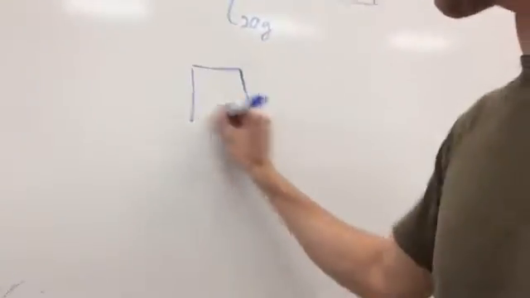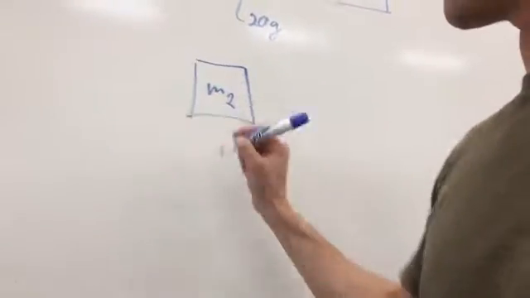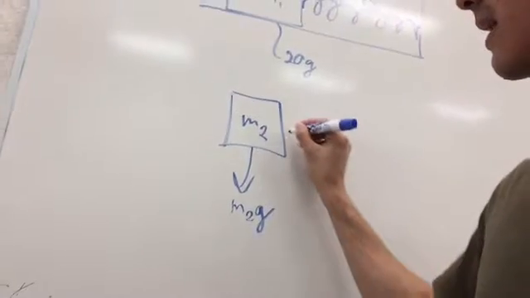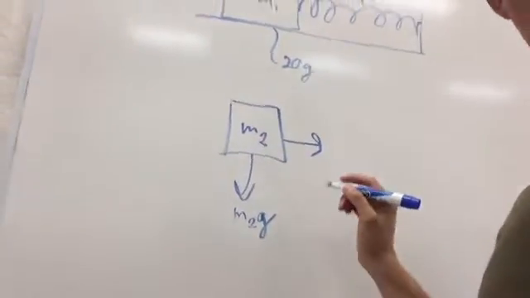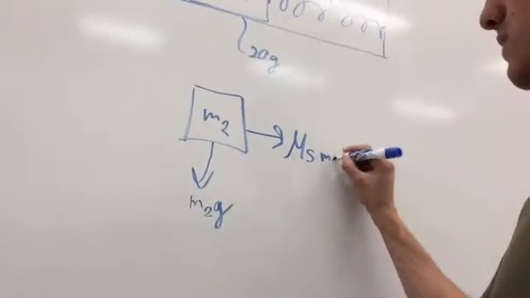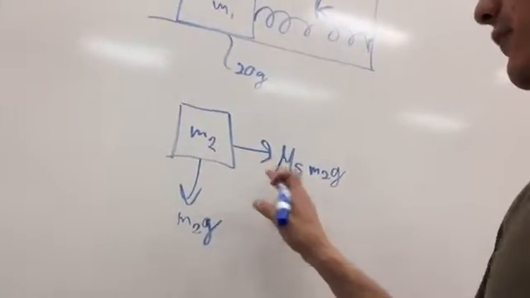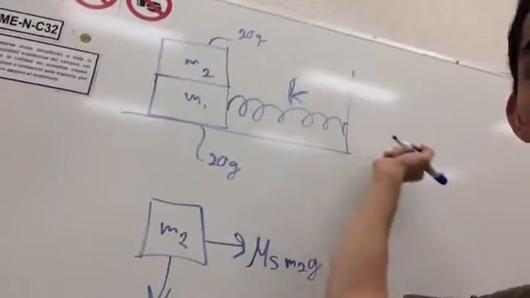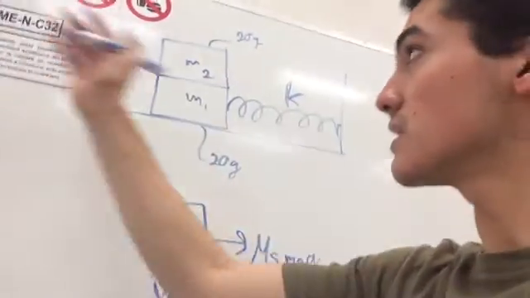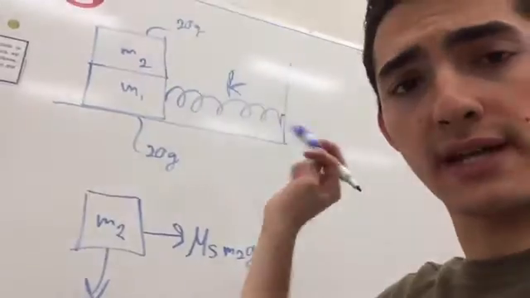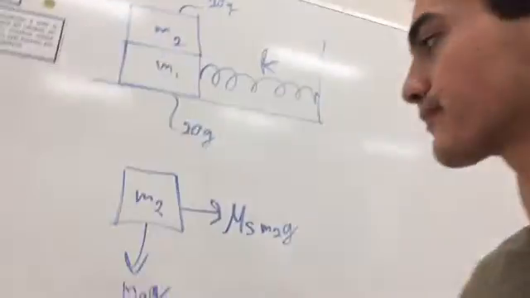So the diagram will be drawn like this. Here is mass 2, and here we have the weight, mass 2 times gravity, but also we have the friction, which is mu s times M2 times gravity. The friction goes this way because the spring is pulling the masses to the left, so the friction is in the opposite direction to the movement.